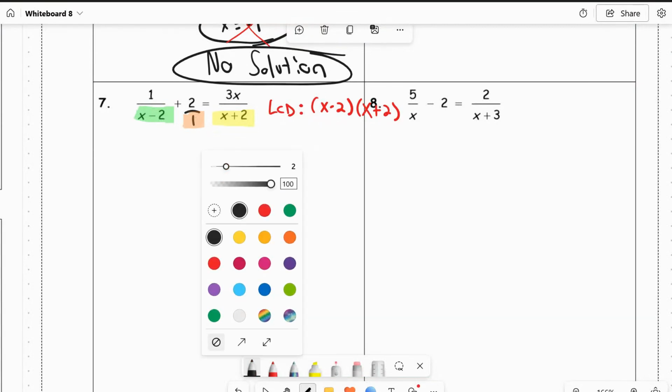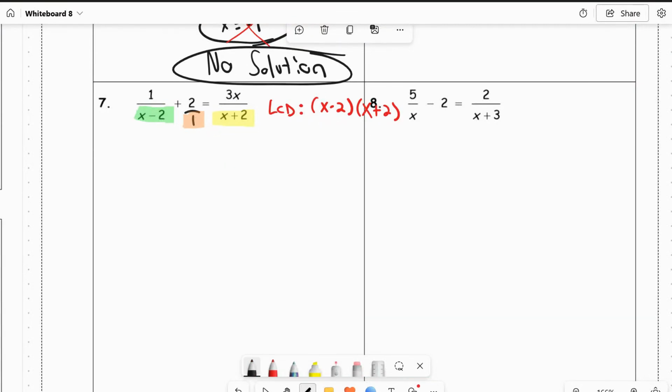So to create my LCD here, I have my first fraction, which is 1 over x minus 2. To create my LCD, I'd have to multiply this one by x plus 2 over x plus 2.